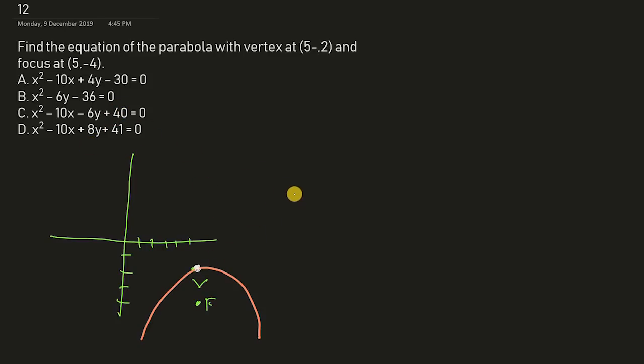Since it's going down, ang equation ng parabola would be (x minus h) squared is equal to 4p (y minus k). Alright? So, I know the value of my h and k because that's the vertex. This is the h and this is the k. Pero, hindi ko alam yung value ng p. Pero, I know that the focus is along this line.